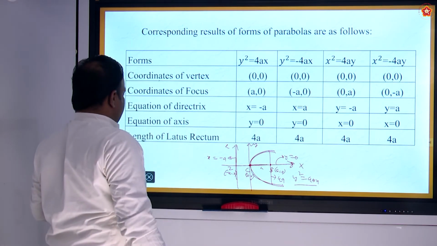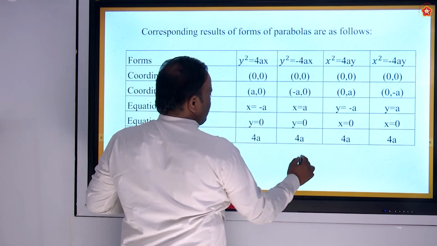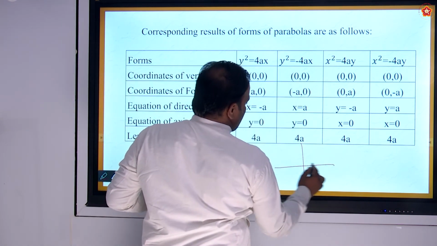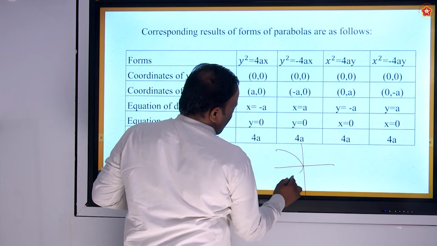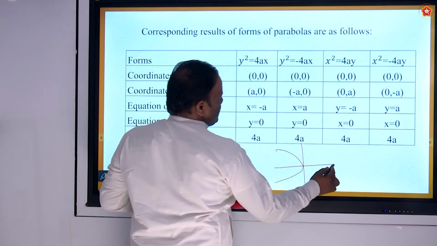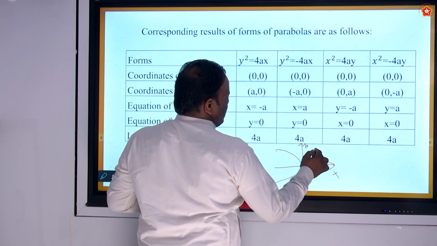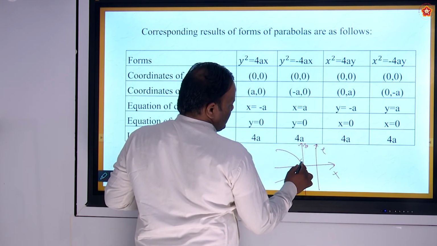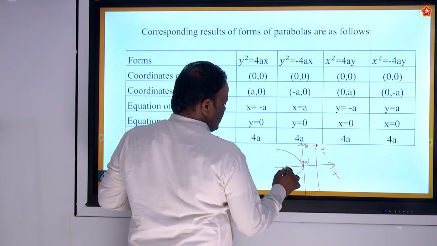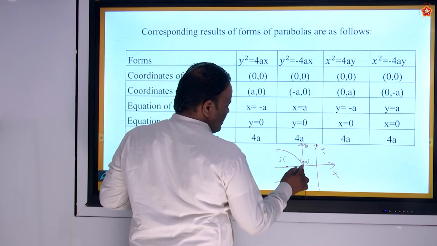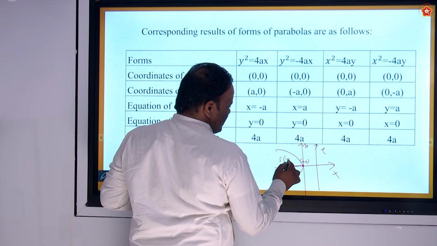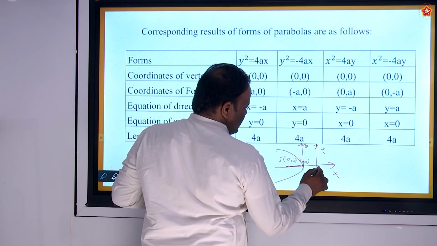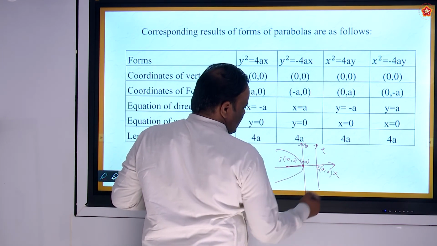What is the second form? The second form is nothing but the same figure, opening in the negative direction of the x axis, with the y axis here. Draw the directrix here on the positive side. This is the origin 0 comma 0, the vertex. This is the focus, which becomes minus a comma 0, and this becomes a comma 0.